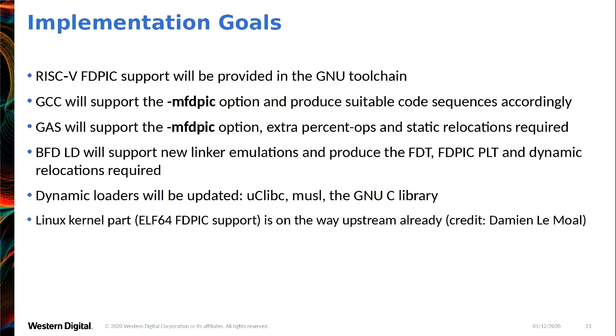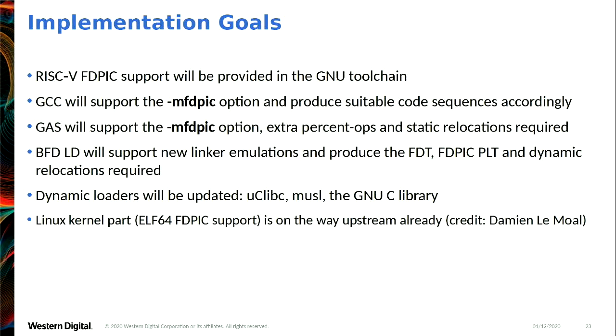The implementation we're going to support in the GNU toolchain: GCC will support the FDPIC option and produce different code for this model. GAS will have to support this option as well because of the macros, like the LA load address macro, which will have to look different, as I showed before.